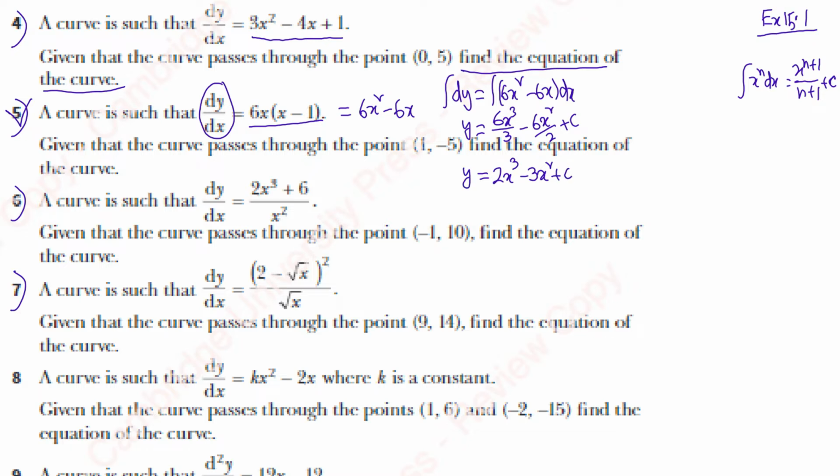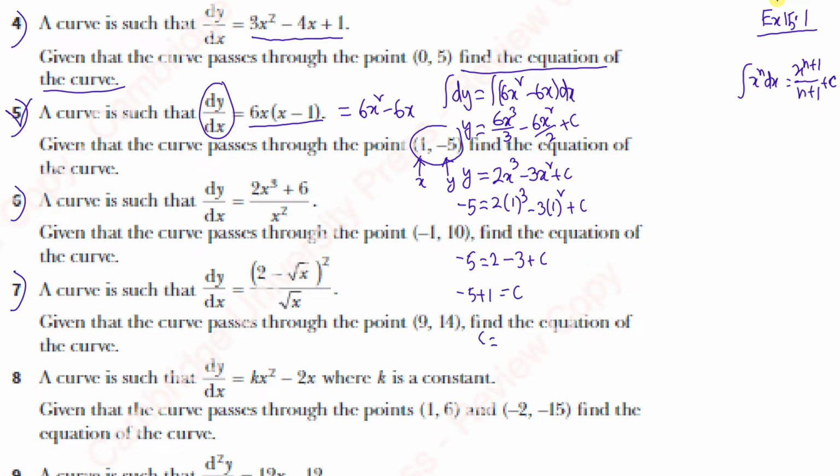The point given here is 1 and minus 5. The first value stands for x, the second value for y. Put these values in this expression: minus 5 equals 2 into 1 cubed minus 3 into 1 squared plus c. So minus 5 equals 2 minus 3 plus c, which gives minus 5 plus 1 equals c.